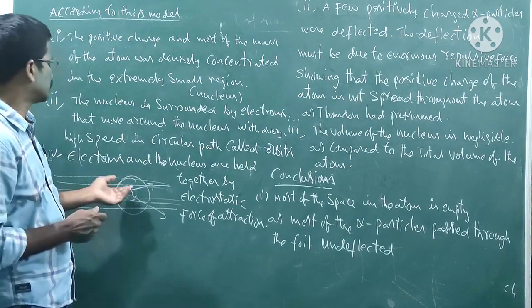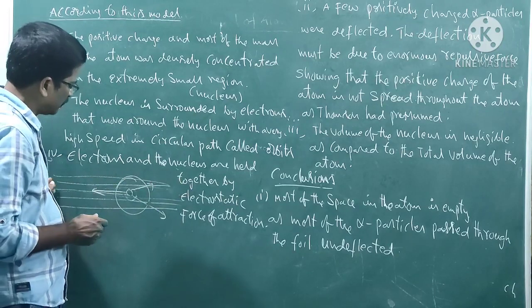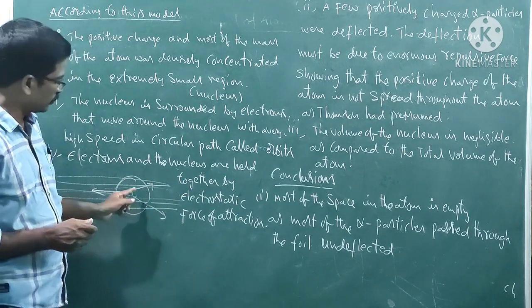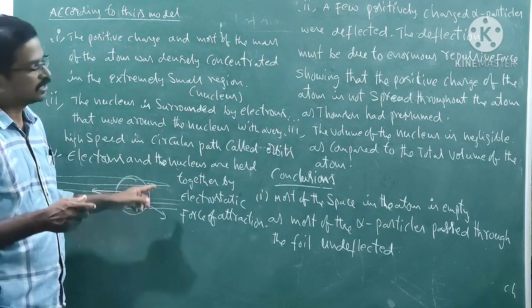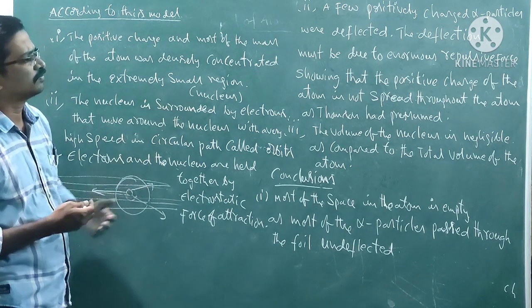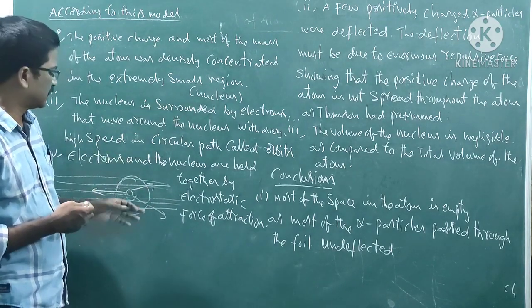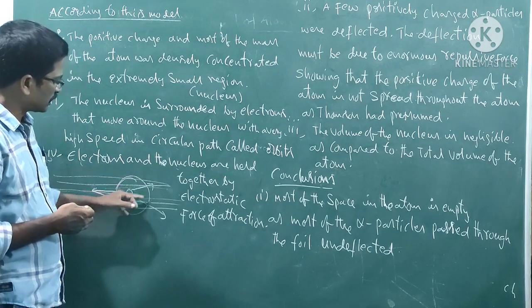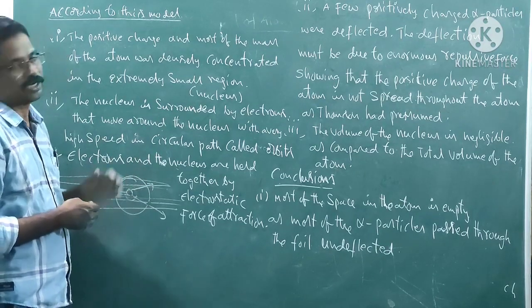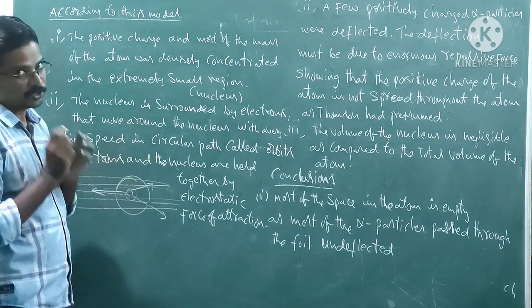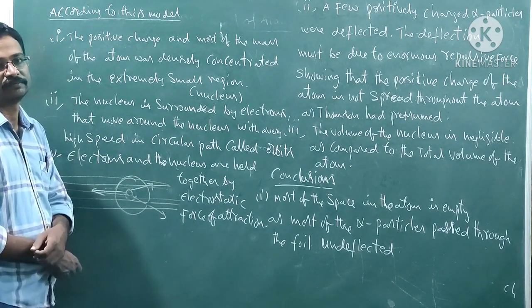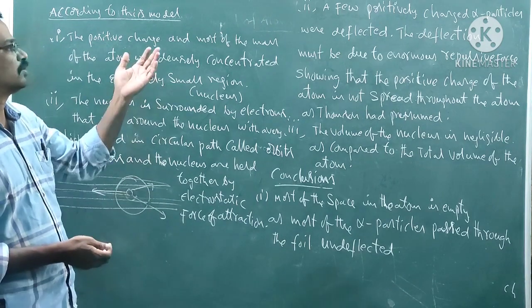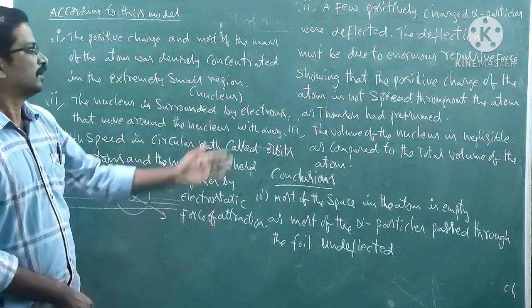This is against the Thomson model. The Thomson model says that positive charge is spread throughout the atom, but here the positive charge is concentrated only in a limited area. This is the difference between the Rutherford and Thomson models.